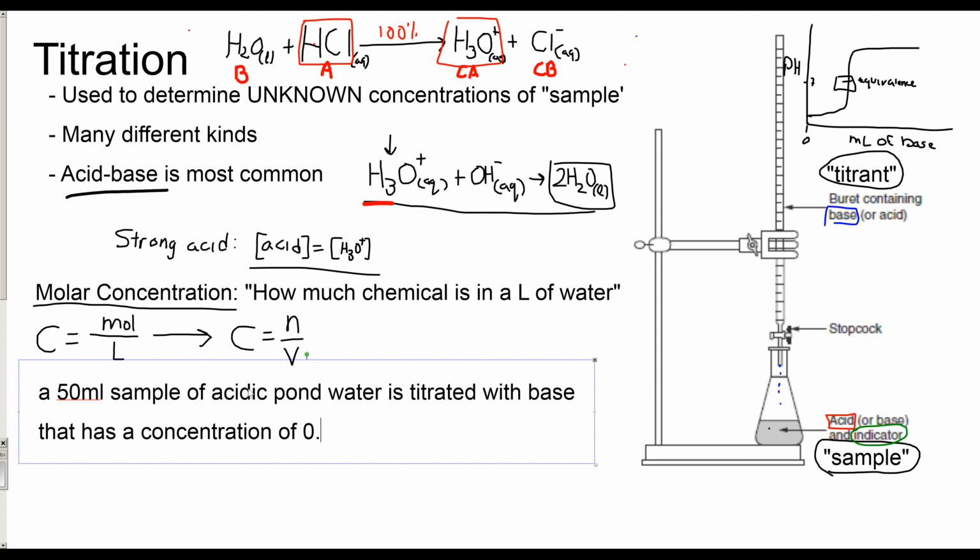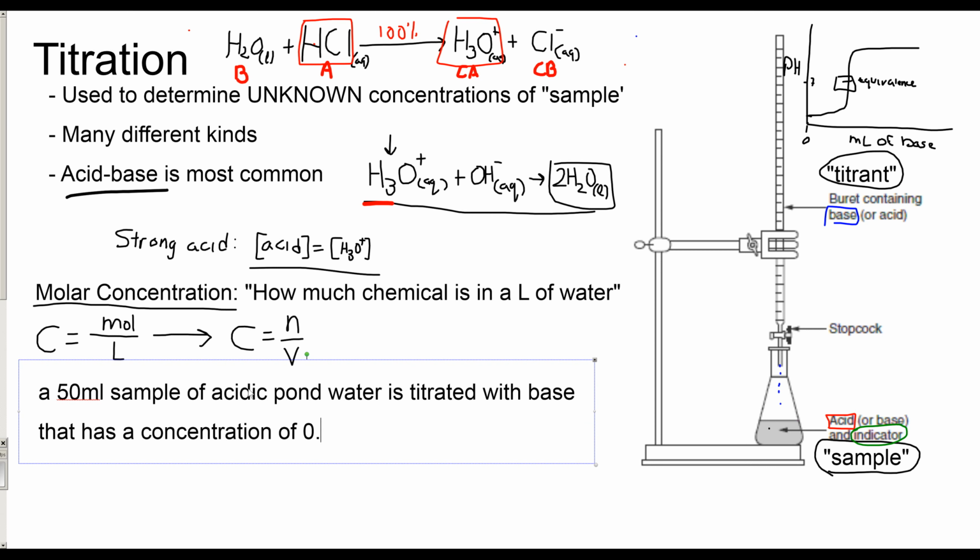CB is the concentration of base, and VB is the volume of base.